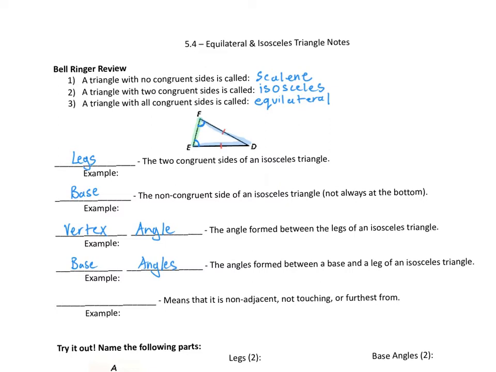In this case, angle F and angle E are our base angles. Our vertex angle here is angle D. Let me write down the legs so we can have that. FD and ED are our legs. Our base is FE.